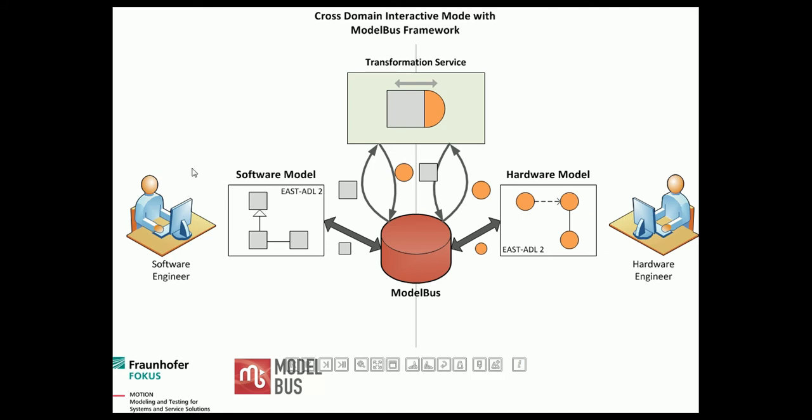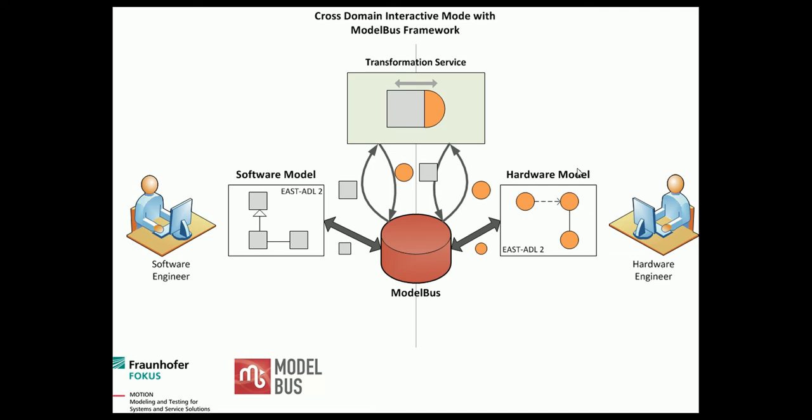The first engineer is a software engineer and is working on the functional model. Let's call it software model. The second engineer is the hardware engineer and is responsible for the hardware model. The software engineer is on the left-hand side of our scenario picture, and the hardware engineer is on the right-hand side of our scenario picture.